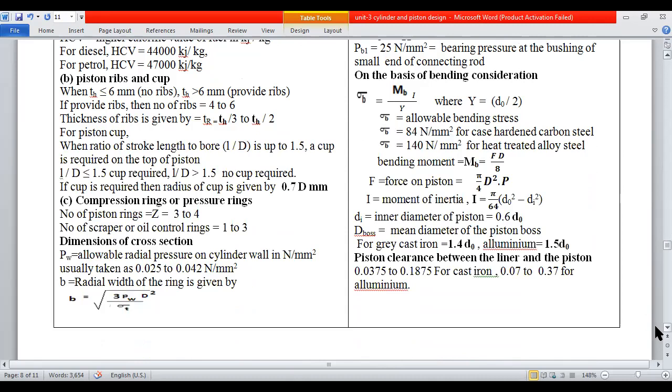Okay, so these six steps are used to design the piston head, piston barrels, piston rings, piston pins. These six steps I will explain in next class. In next class, I will explain how to design a piston by using these formulas.